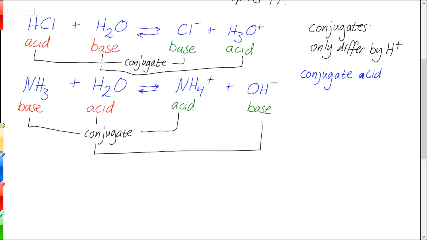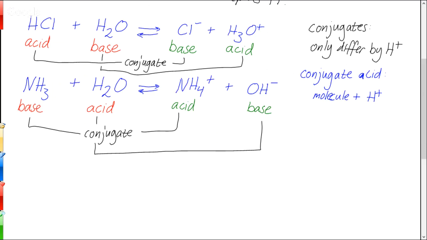So a conjugate acid is whatever the molecule is that we want to find with an extra H plus. So in our first example, if we wanted to know the conjugate acid of water, when water reacts with an acid, it forms H3O plus, which is called hydronium ion.